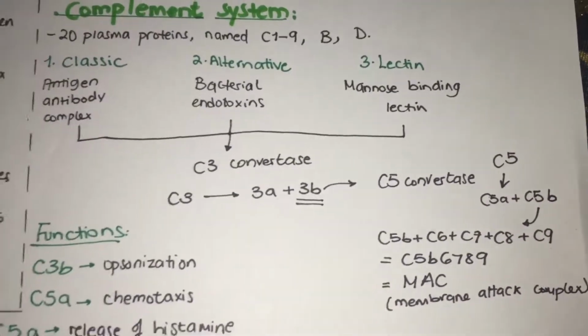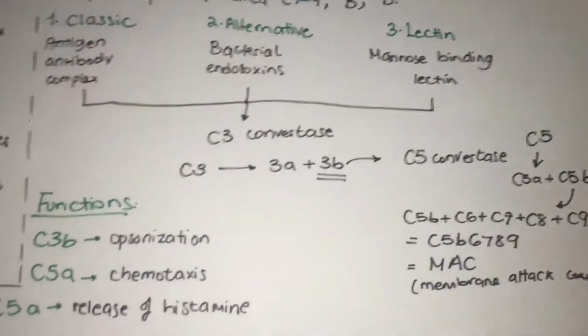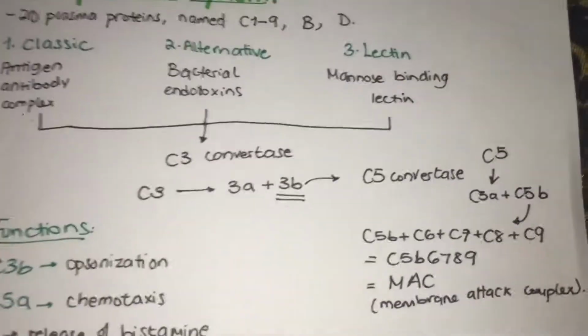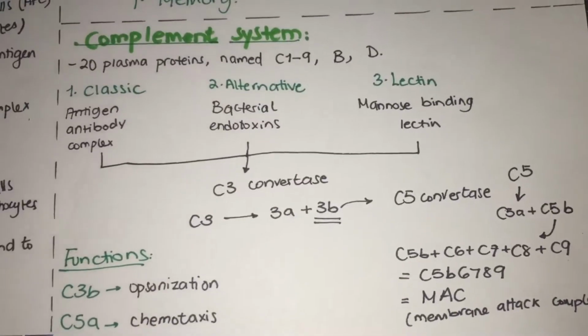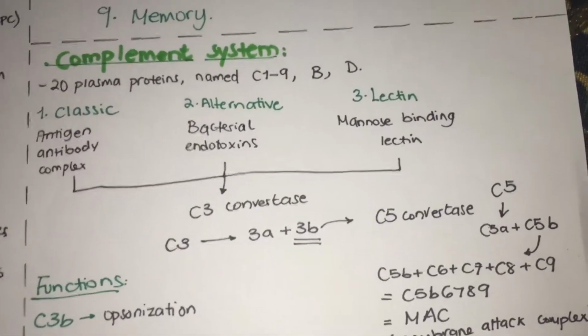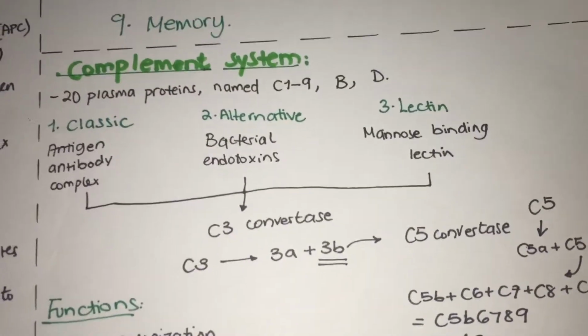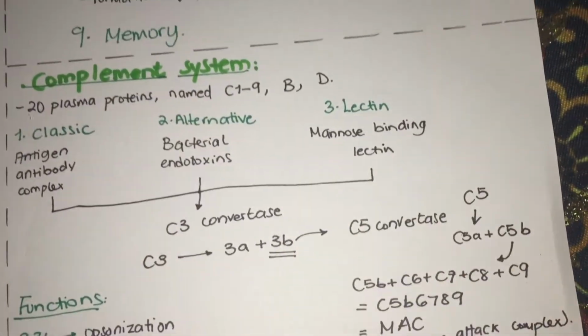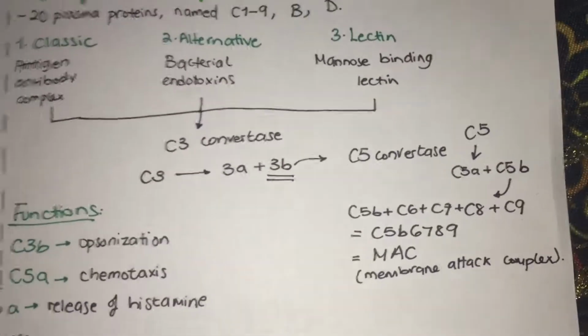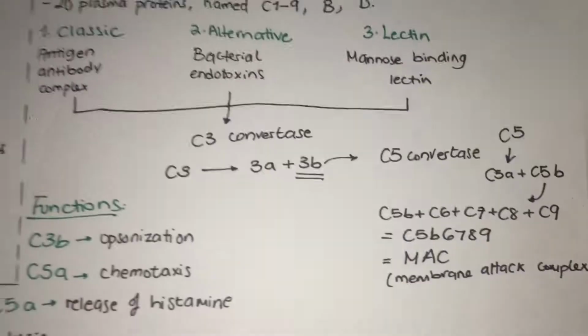The C3 convertase then converts the C3, which is the inactive form, into C3A and C3B. C3B then binds with the C3 convertase to form a C5 convertase. The C5 convertase converts the C5 into C5A and C5B.